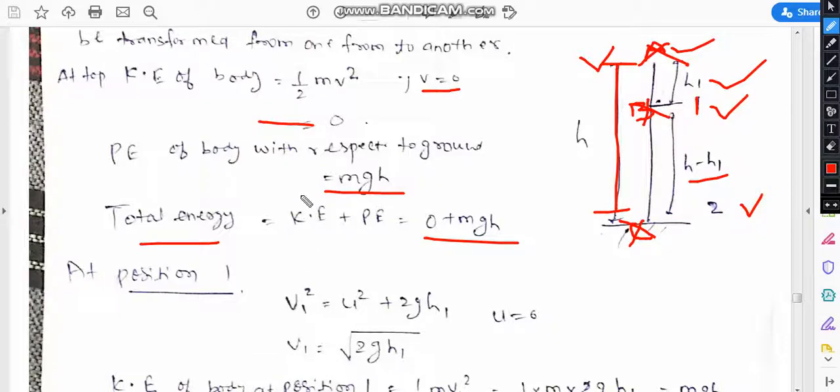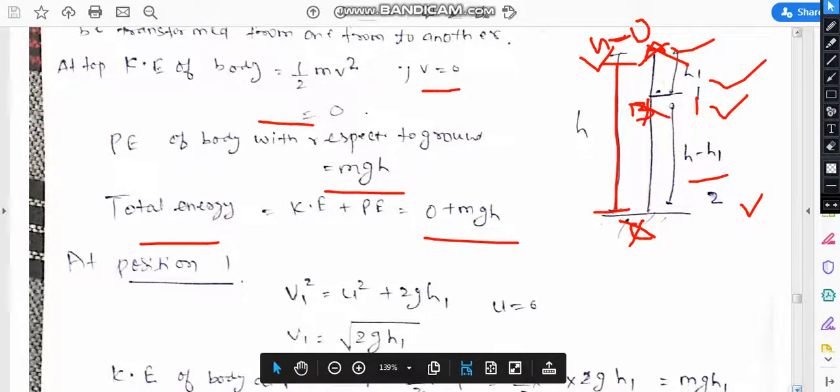Now come to position 1. According to the equation of motion, v square equals u square plus 2gh, and since the starting velocity is 0, by this equation we find that v1 is under root 2gh1.